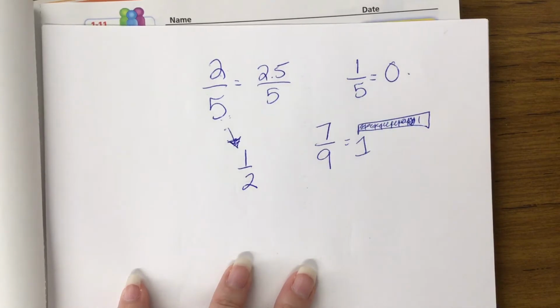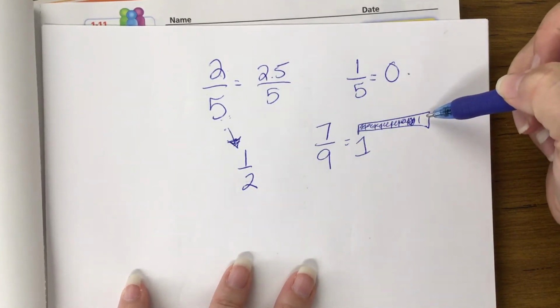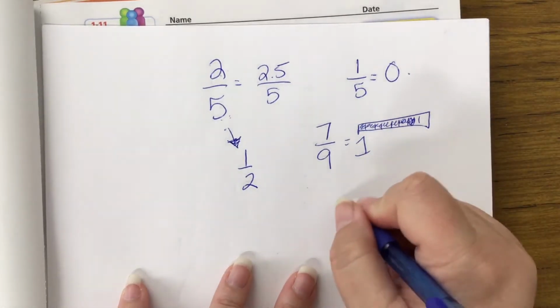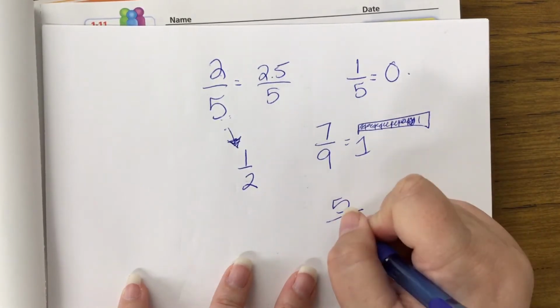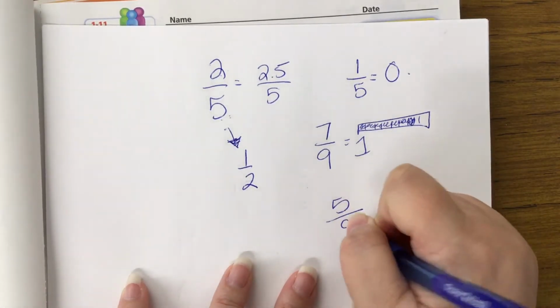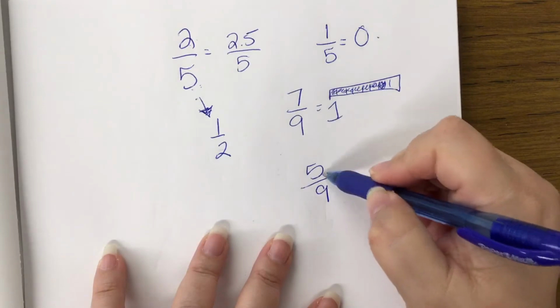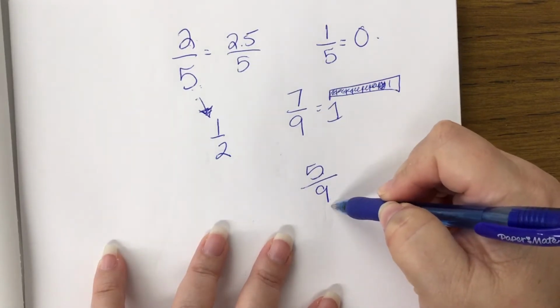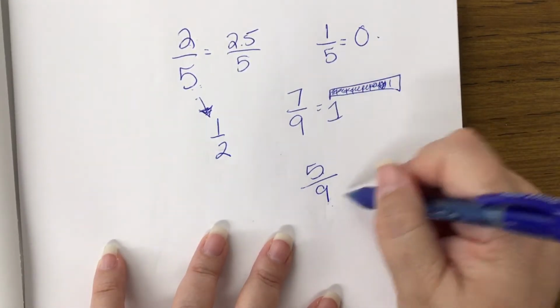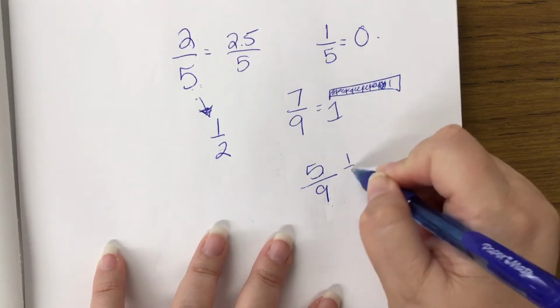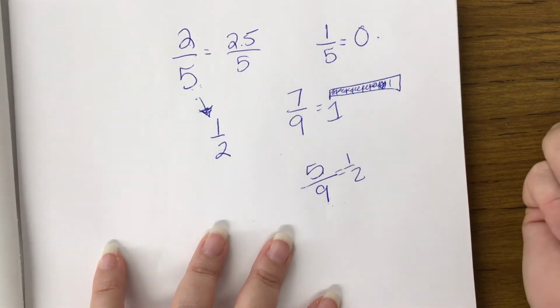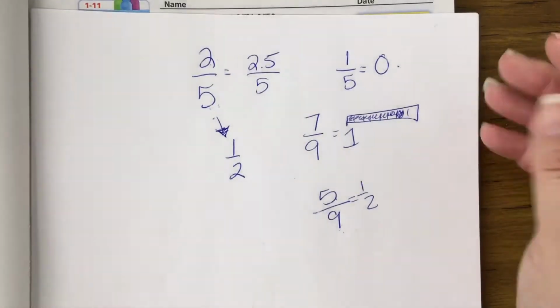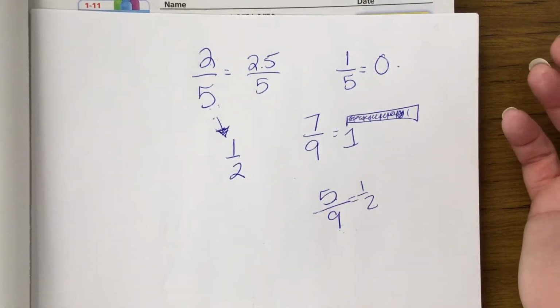I know that's more than 1/2, and it's pretty close to 1. And then with the 1/2, if I had something like 5/9, well, 5/9 is more than 1/2, but it's really close to 1/2 because half of 9 is 4.5. So I could estimate that's close to 1/2, right? So again, it's not something I normally do, but it's definitely doable.